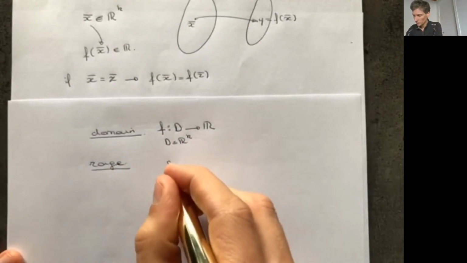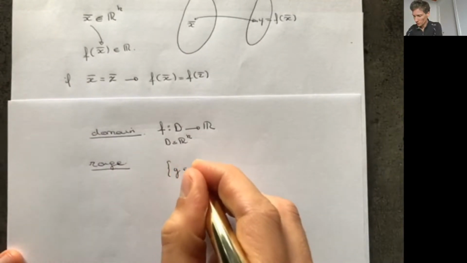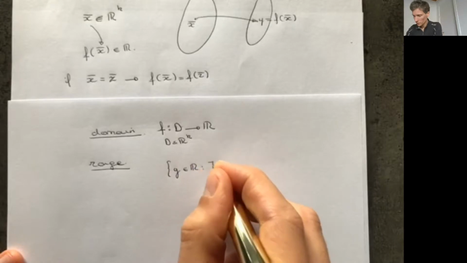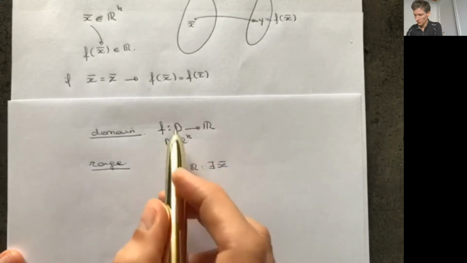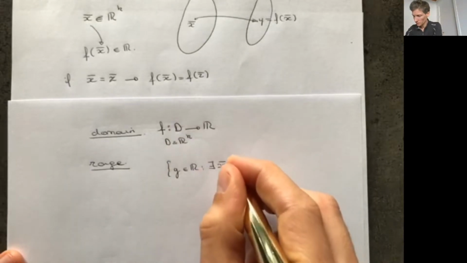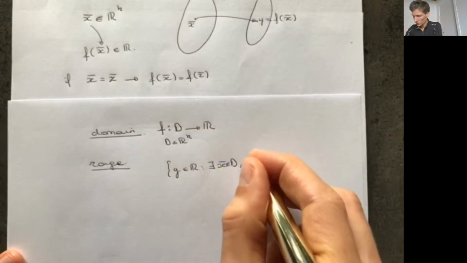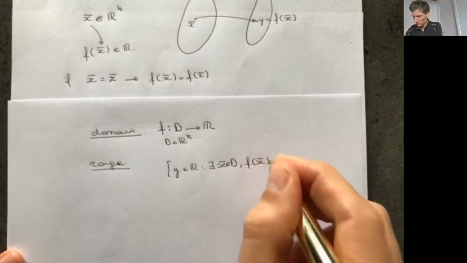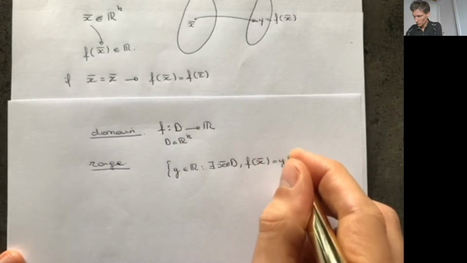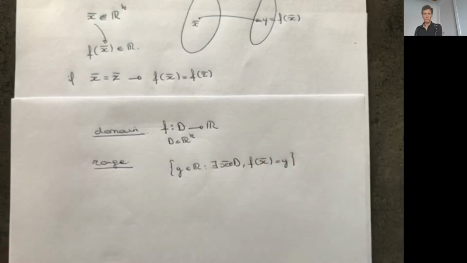And then the range is going to be all the numbers y in R such that I can find a vector x in D such that f of x is equal to this number y. Basically the range is all the numbers that you can get when you put something inside the function f.